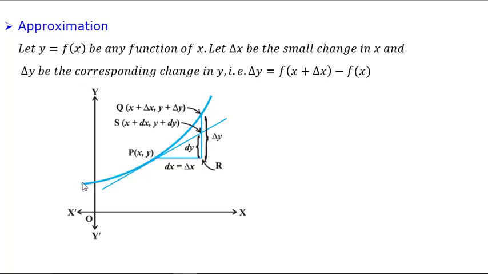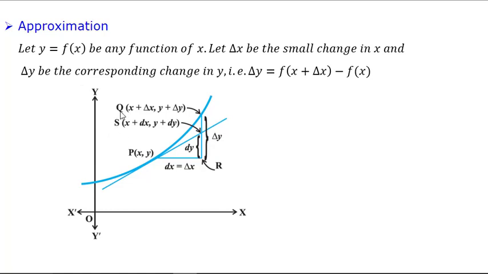there is a curve. On that curve we have a point P (x, y). Now on this curve, when we increase this x coordinate, then the y coordinate is also increasing. When the x coordinate becomes x plus delta x, the y coordinate becomes y plus delta y. Now you can see that I have 2 points.